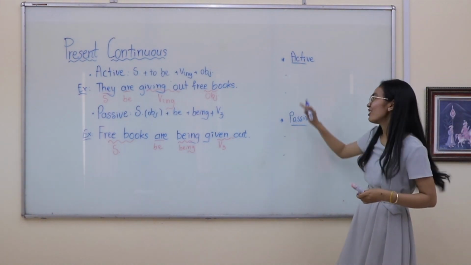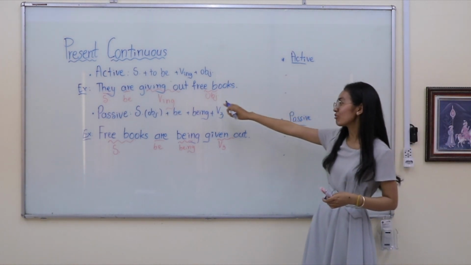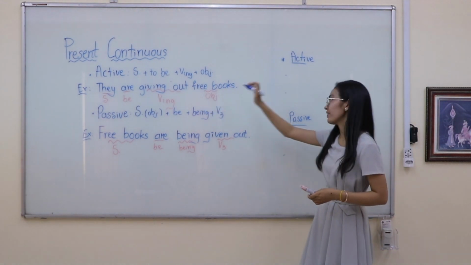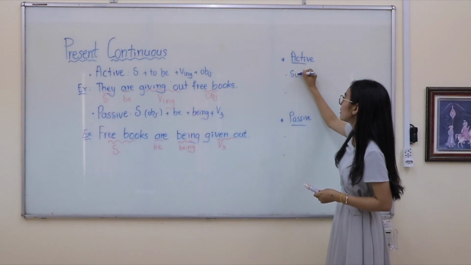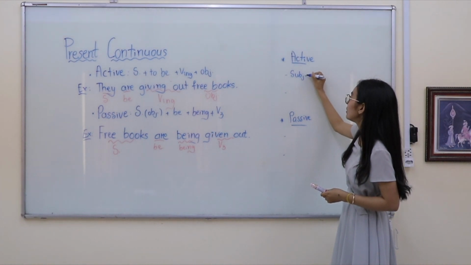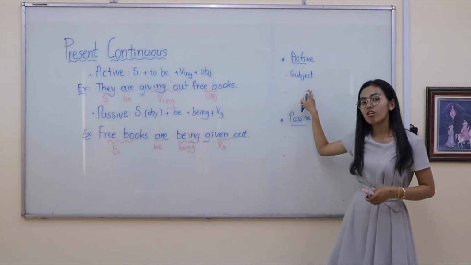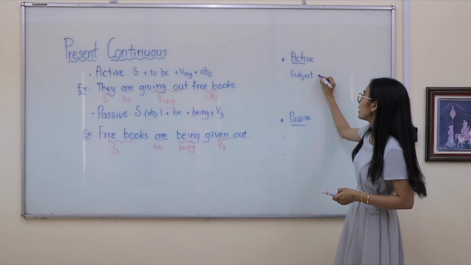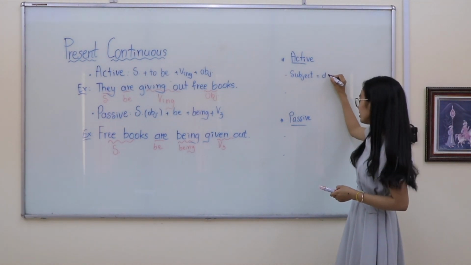Alright, let's go then. In active, as you can tell from our example, the subject of active sentences is the doer of the action.